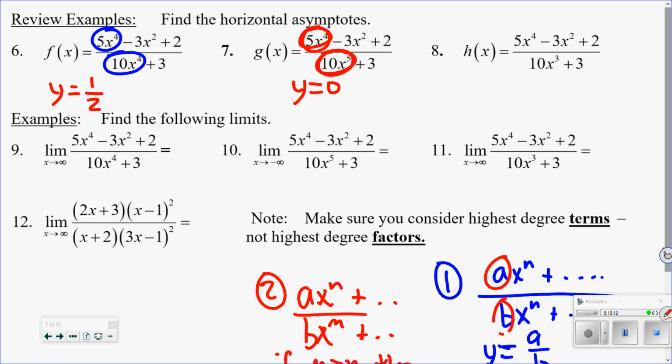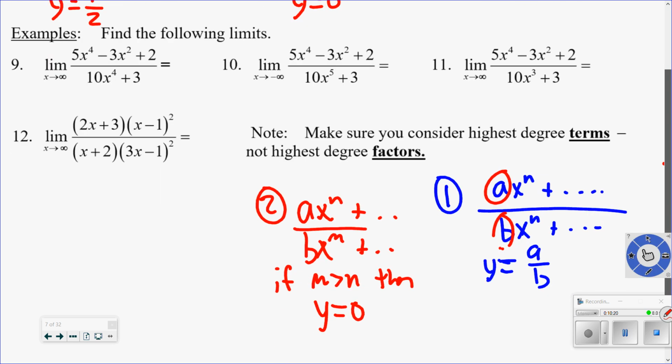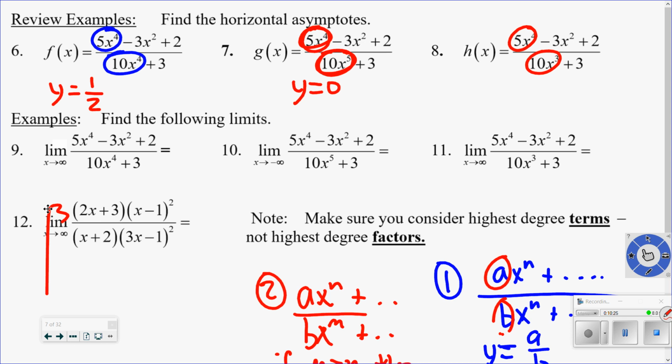Okay, case number 3 is like this one, and that is, look at your highest powers. So there and there. The highest power on that one is on top, so that's case number 3. Let's write that one down.